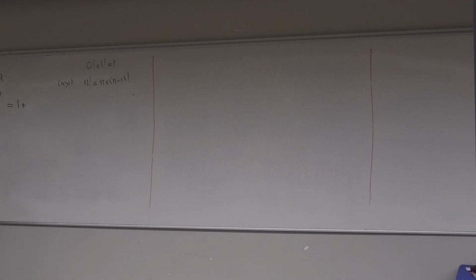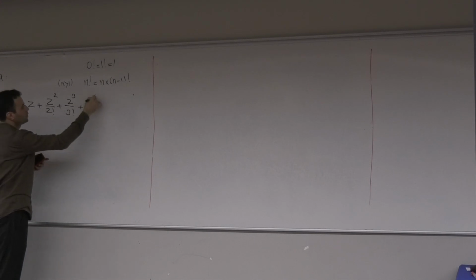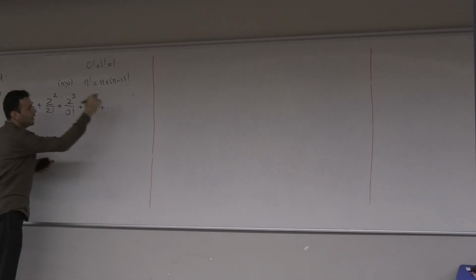Plus, this summation means that you're just going to add all of these things when this value of n is changing. If you place n equal to 1, what will happen? z to the power of 1 divided by 1 factorial, which is going to be z. If you place 2, it is going to be z to the power of 2 divided by 2 factorial. So it is going to be z squared over 2 factorial, z to the power of 3 over 3 factorial, plus z to the power of 4 over 4 factorial, and the rest.